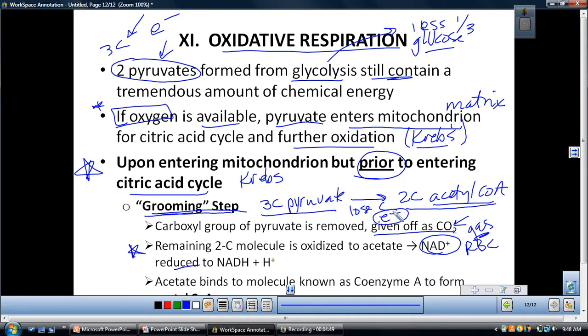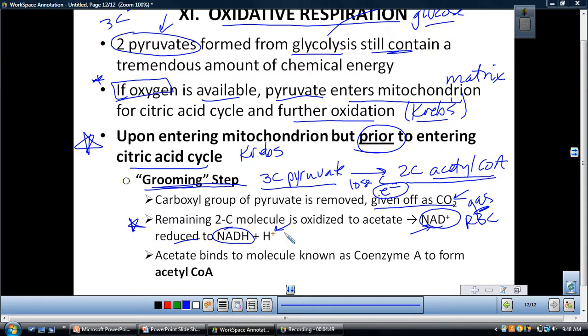Those electrons are picked up, in this case, by NAD+. That's our electron carrier, so that will reduce it to NADH. Remember, we also get some hydrogen ions because it doesn't pick up all of the hydrogen ions. This will head to the ETC, like it normally does. Okay, I now have this new acetyl-CoA molecule that will go into the Krebs cycle.